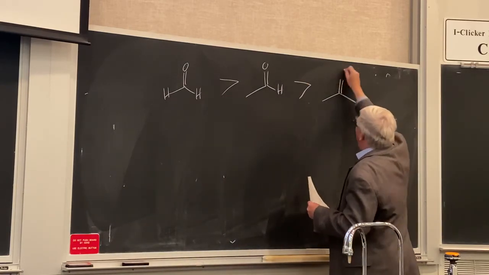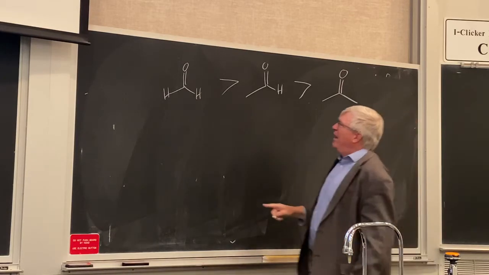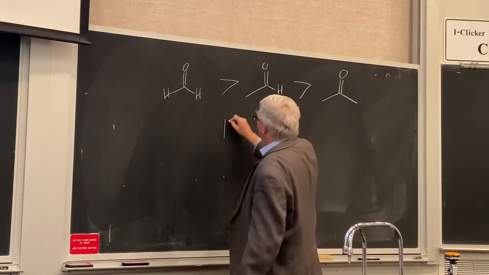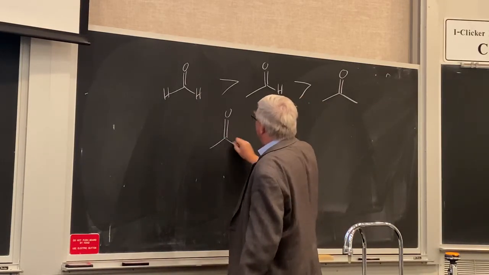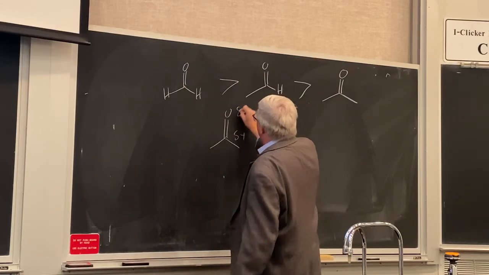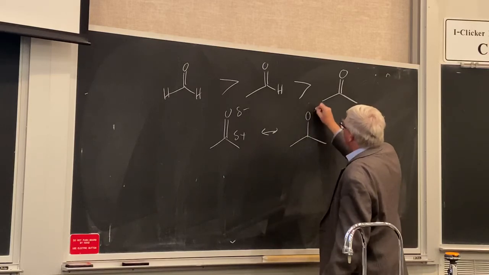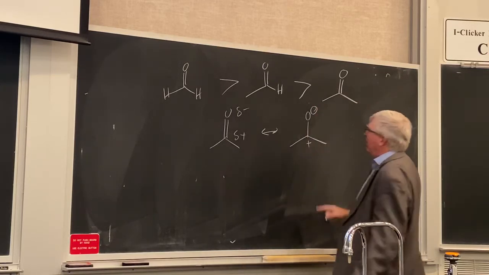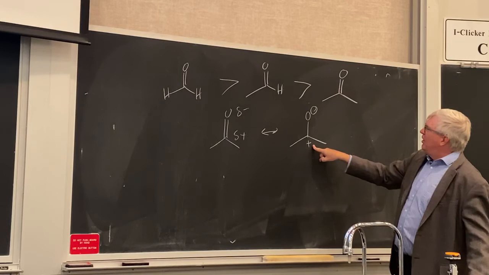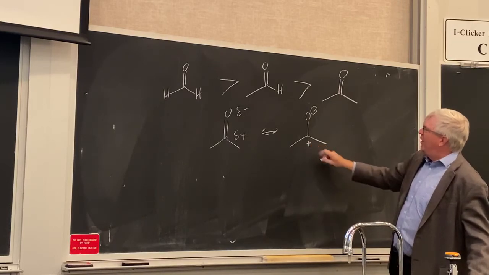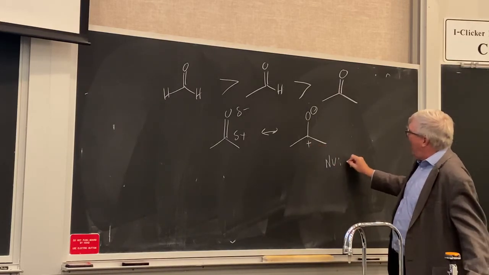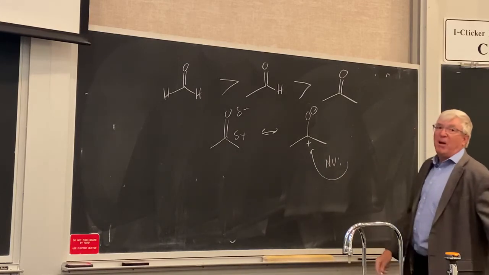And ketones are far less reactive. And why is that? Well, the carbonyl is partially positive, right? That partial positive character comes from the resonance structure. If we push the electrons up there, we have the meaningful resonance structure that has a plus charge right there. So as far as nucleophiles adding, they're going to go to that spot.